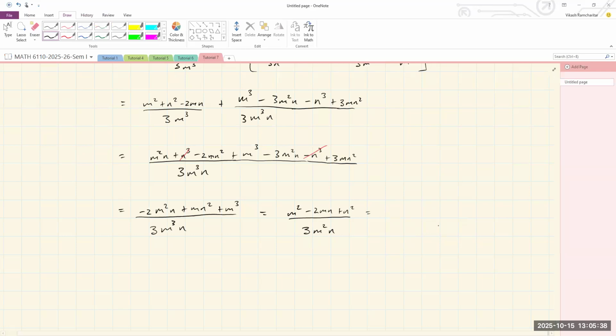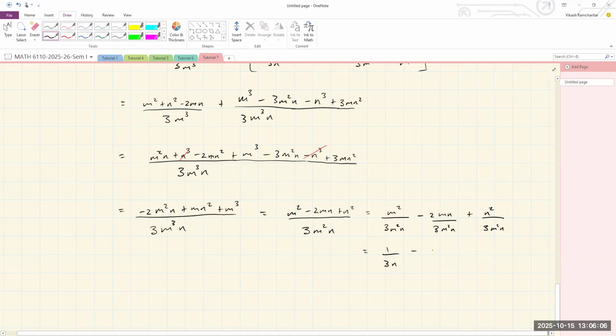So what I'm saying is we could write this as 3m squared n minus 2mn over 3m squared n. Yeah, so maybe this way is better. I'm just writing out each individual term. This first term is 1 over 3n.